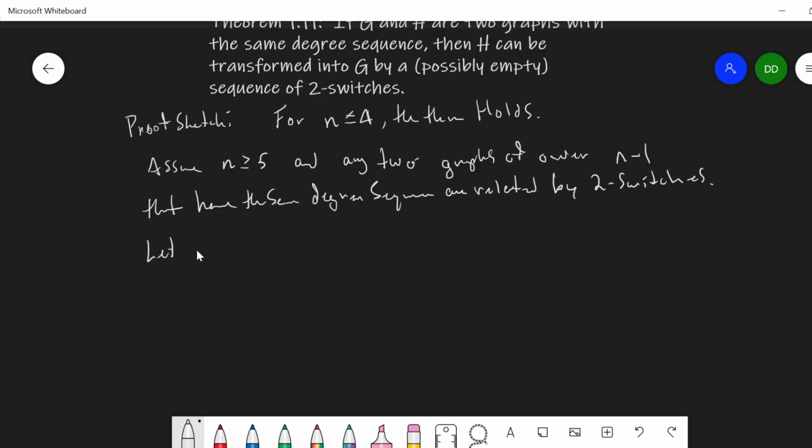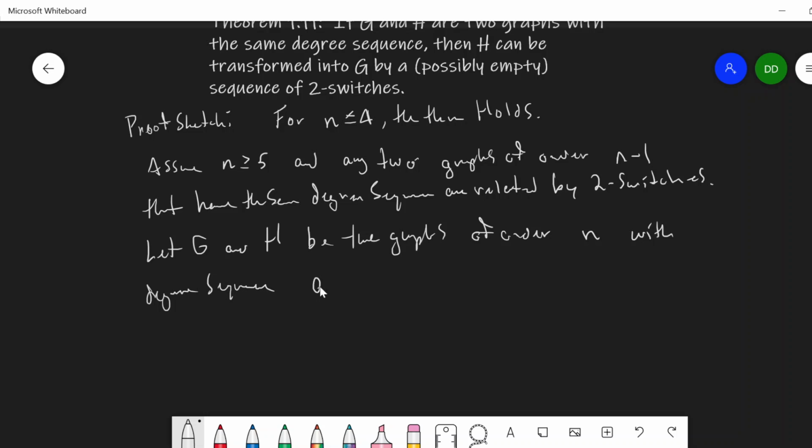So let G and H be two graphs of order n with degree sequence d1 greater than or equal to d2 greater than or equal to dk.